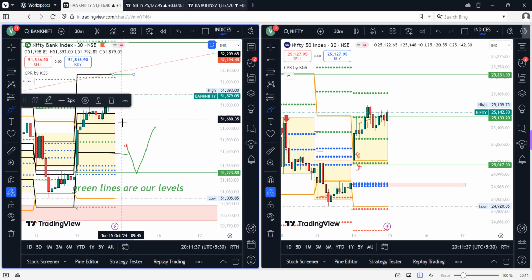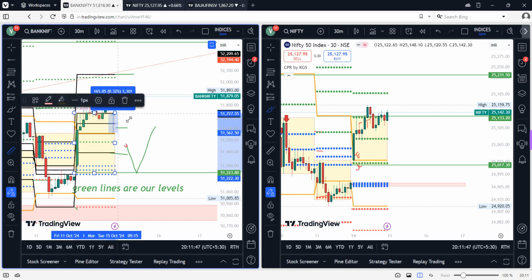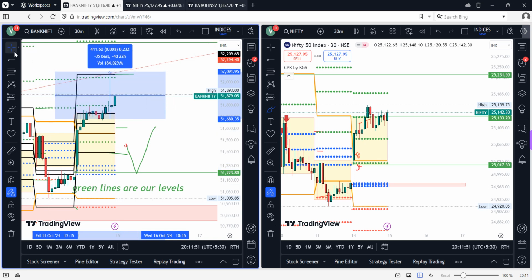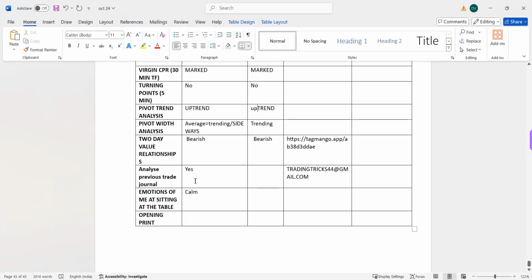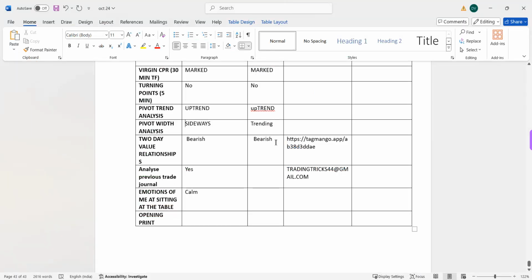These are the highly profitable trade locations for me, and let me analyze and tell you what the expectation is. I am expecting a sideways day in Bank Nifty, and it is going to be bullish.